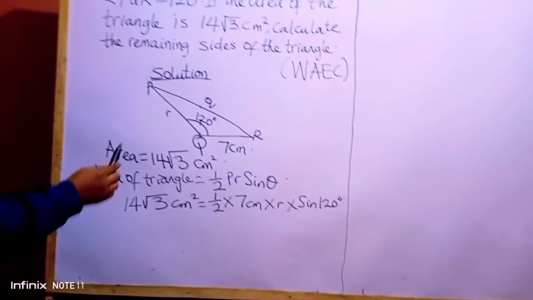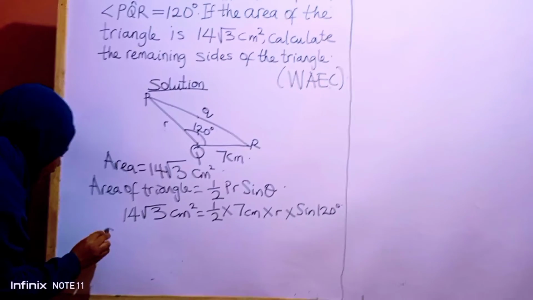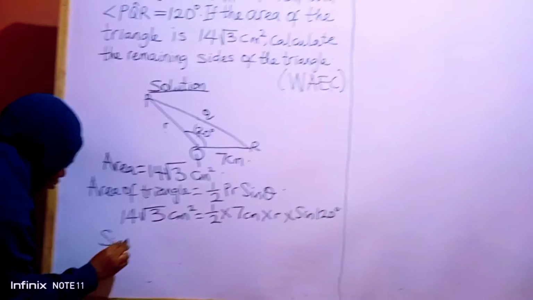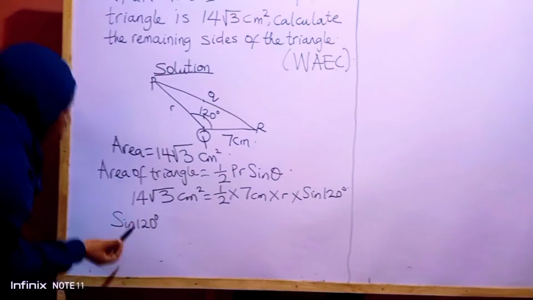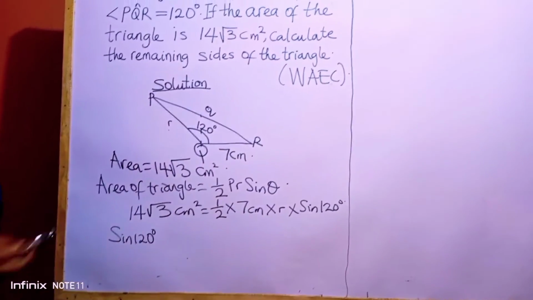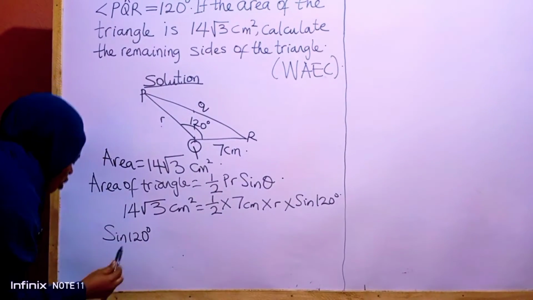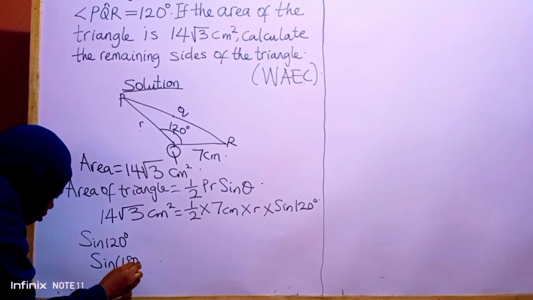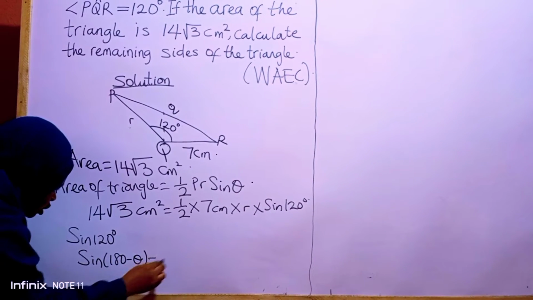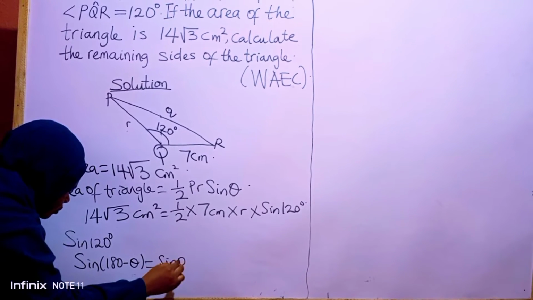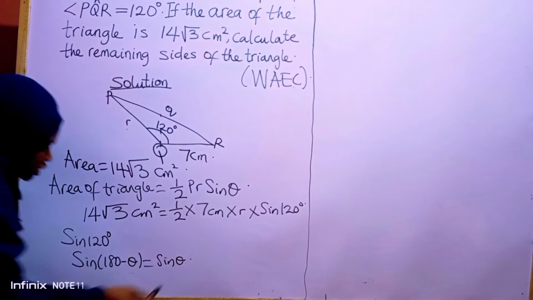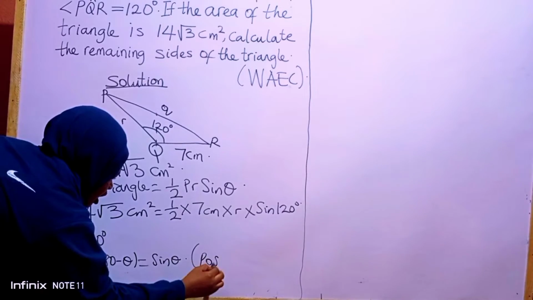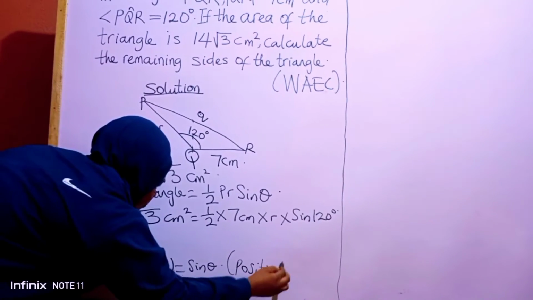Now you have to understand that sine 120 degrees falls in the second quadrant. And for the second quadrant, sine of 180 degrees minus theta is equal to sine theta. And it is positive because it is only sine that is positive there.